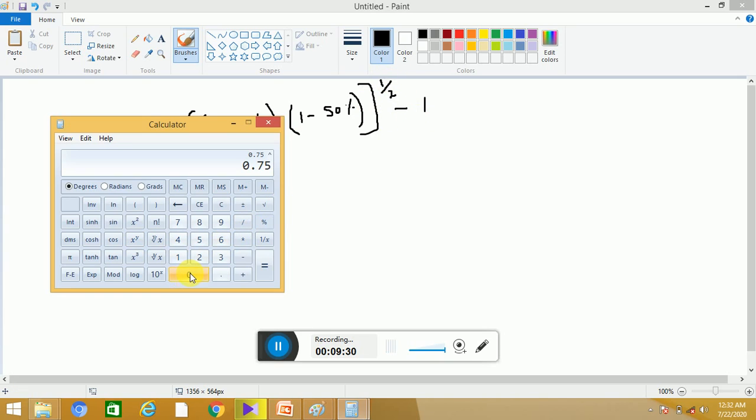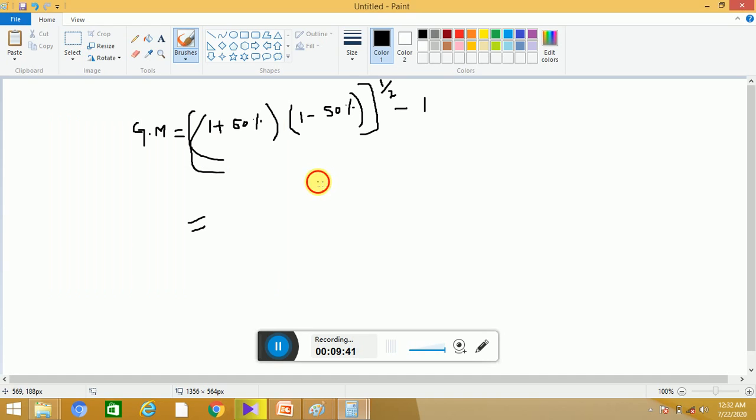So 1 divided by 2 means 0.5. So we got 0.866025, minus 1.